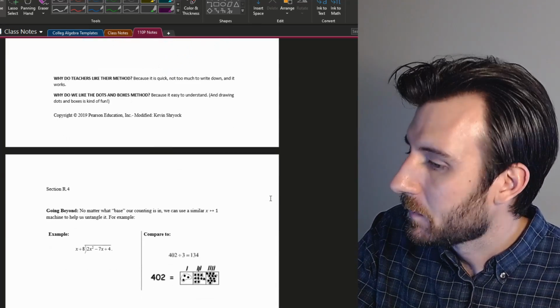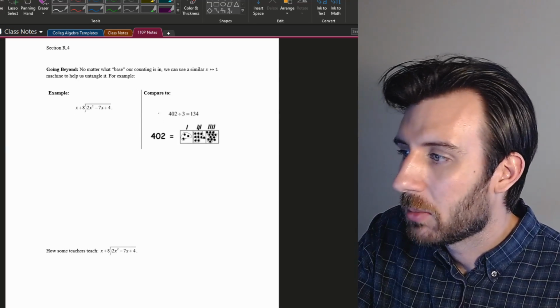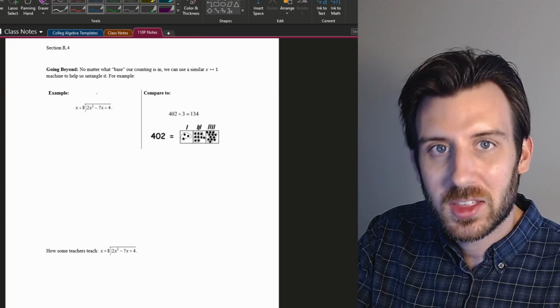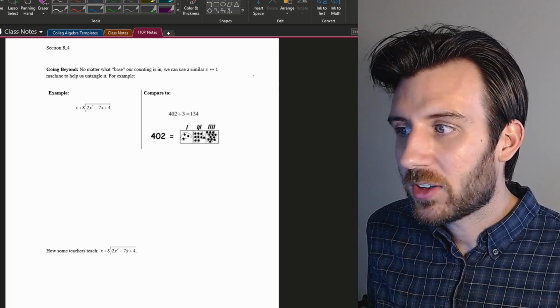Kind of fun. Now, the reason why I started to refer to things a little bit more like 10 and then 10 squared for 100 is because if we think about these machines as taking groups and then groups of groups, that's really what these exponents are.